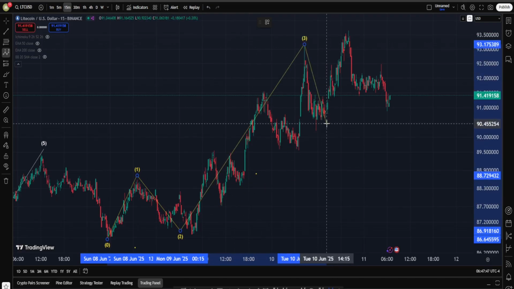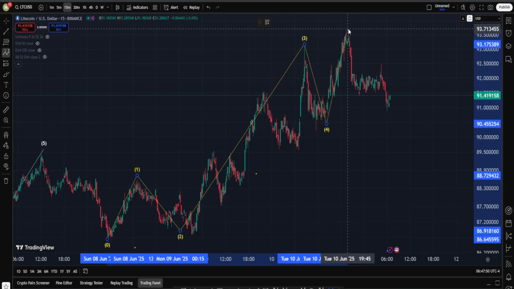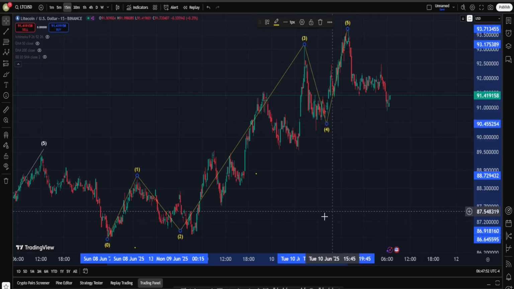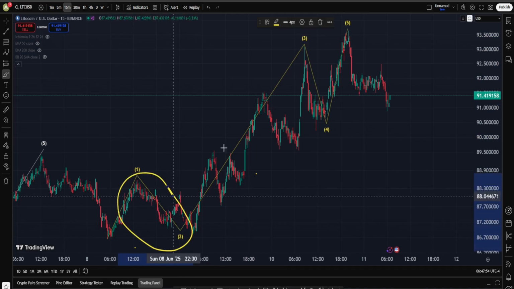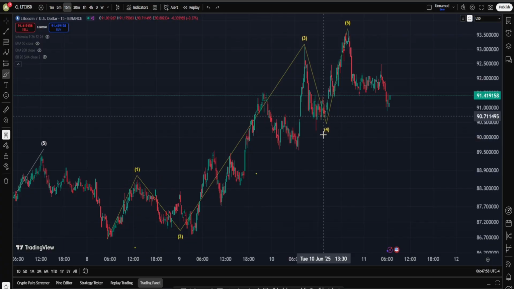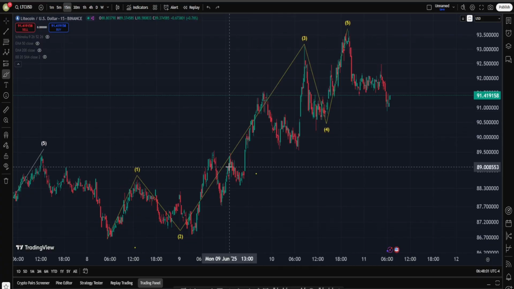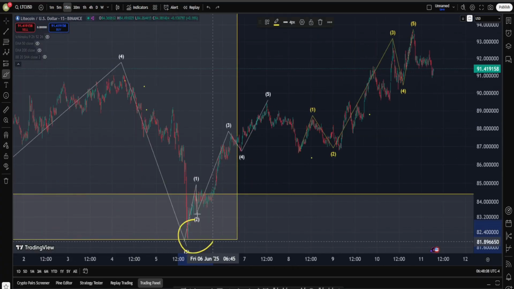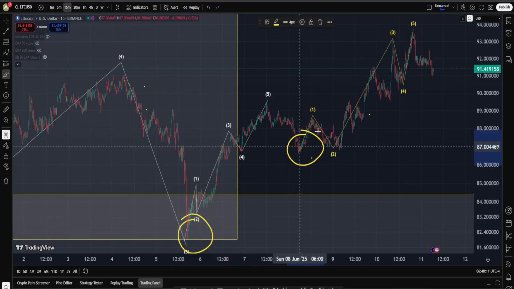This is probably, I don't know, maybe a triangle for 4, and yet another move on the upside into wave 5. And now wave 2 and 4 do actually kind of match each other, right? That's why I think this is probably a complete 5 wave, sure, but not starting from this low. The beginning of it is actually right around here.